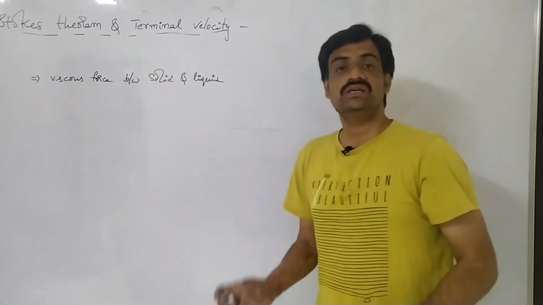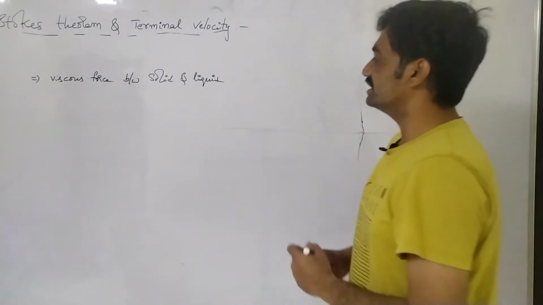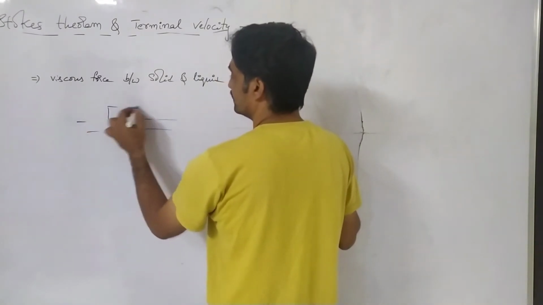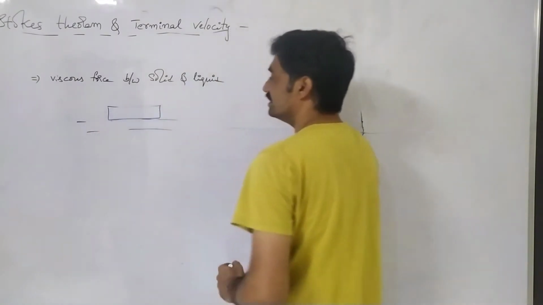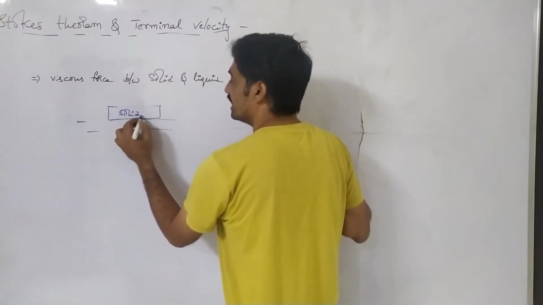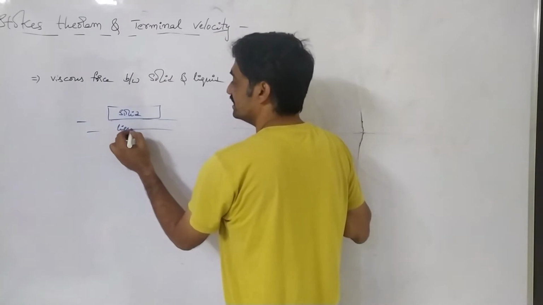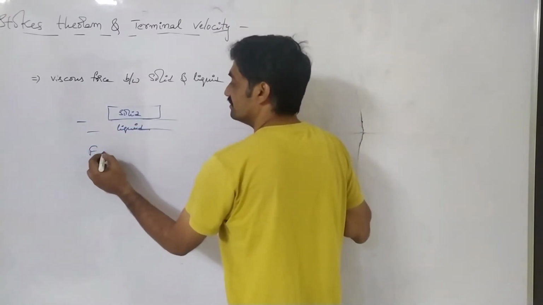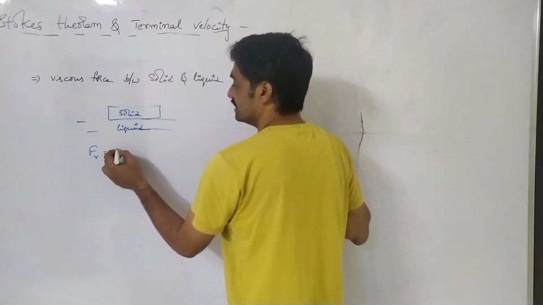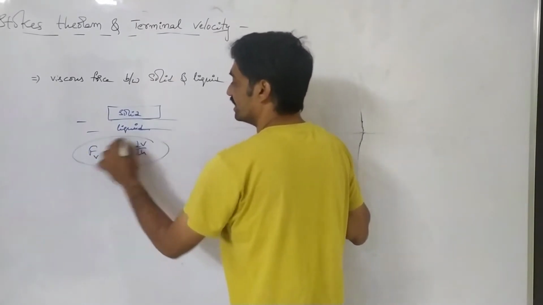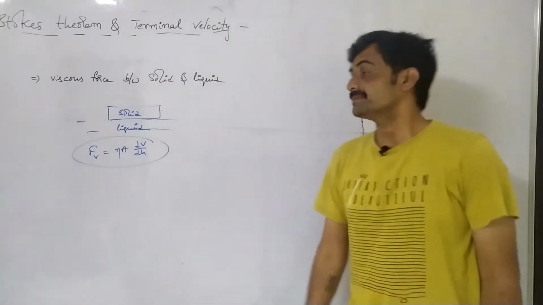When a solid body is floating on the surface, the viscous force acting between this solid body and the liquid was discussed in our previous video, and it is represented as eta A dV by dH, based on the height.